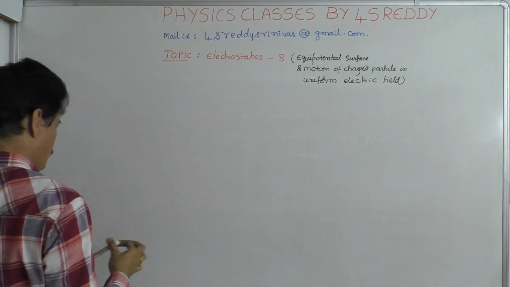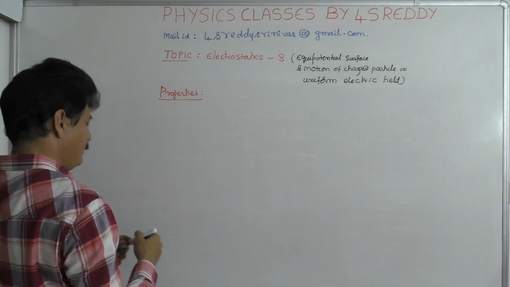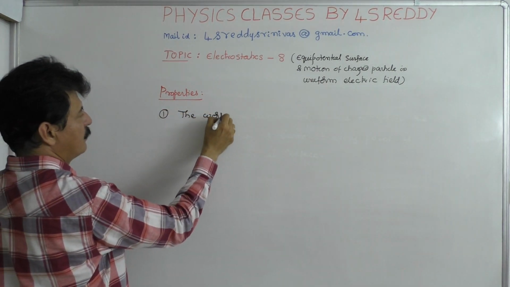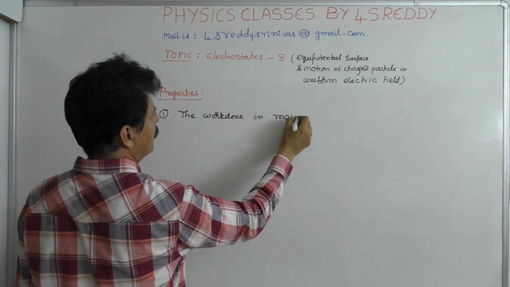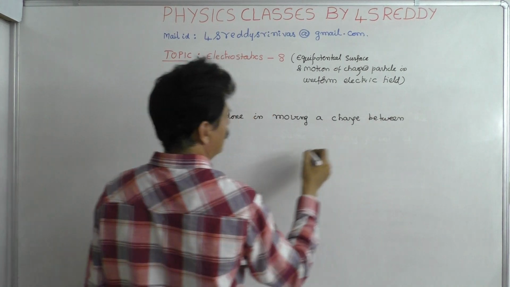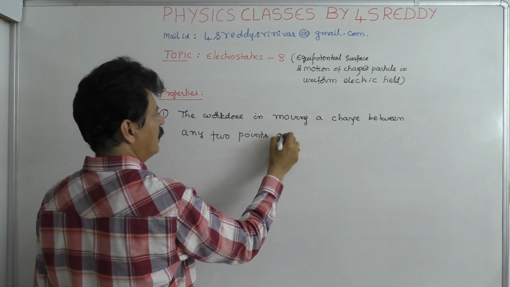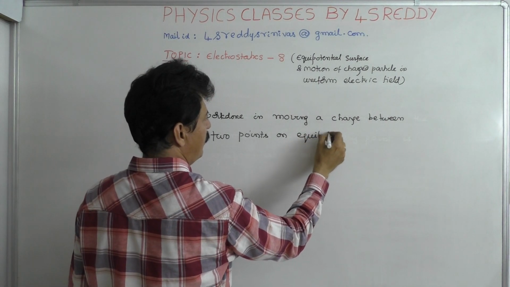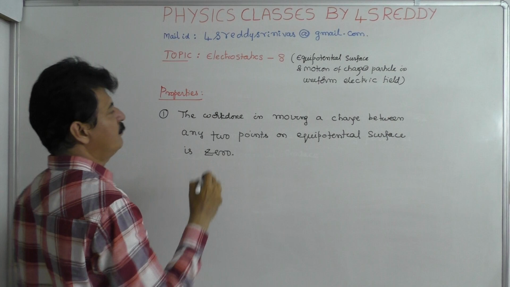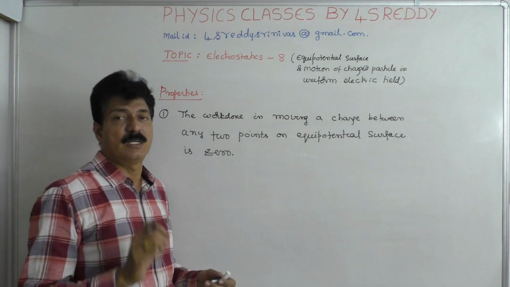The first one is the work done in moving a charge between any 2 points on the equipotential surface is 0. This is the first thing.